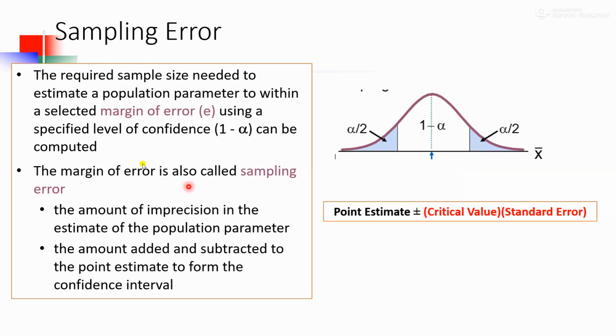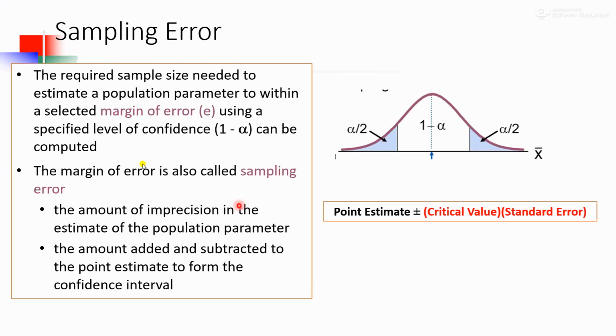What is the meaning of this margin of error? This margin of error is called the sampling error, because almost all the changes in these confidence intervals are because of the samples. When we have different samples, then we will get different answers. So we have to allow variability to accommodate the differences that occur in the samples, right?